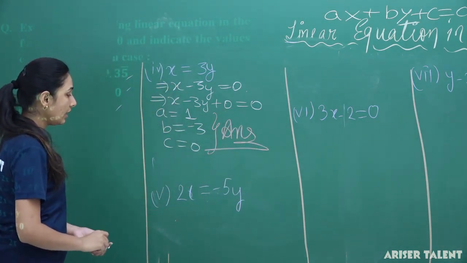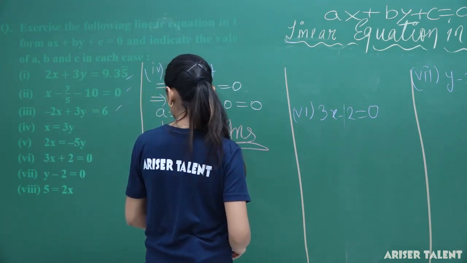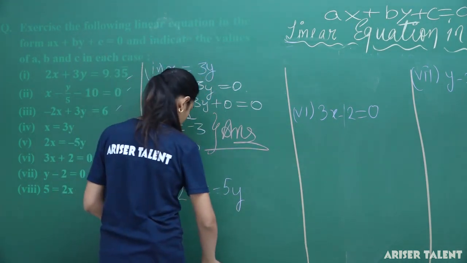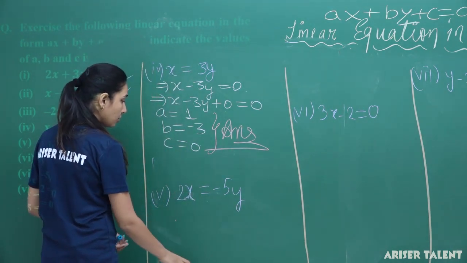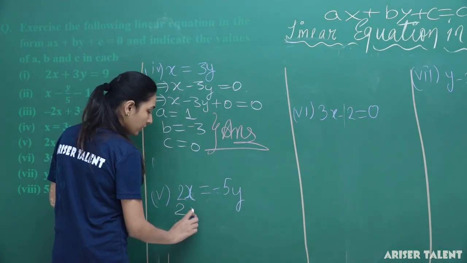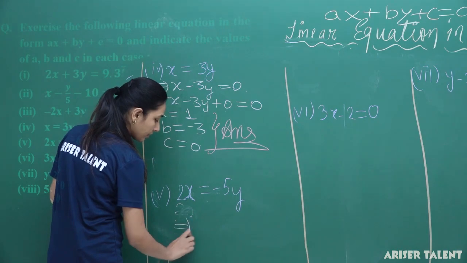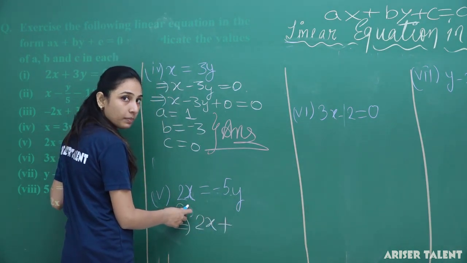Come to the next one. Here you are having 2x equals to minus 5y. What will we do with this? That will be 2x plus minus y, transposing here, that will be plus y.